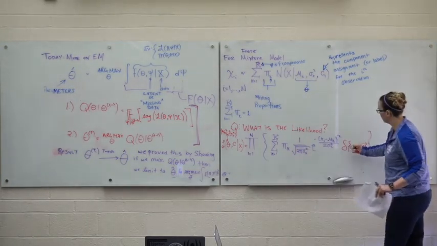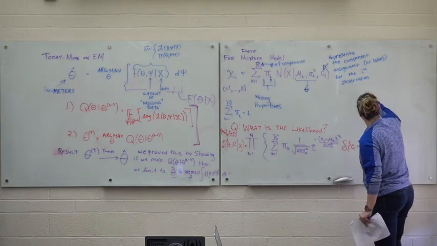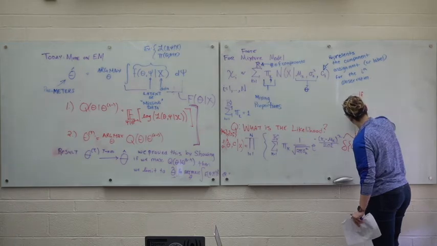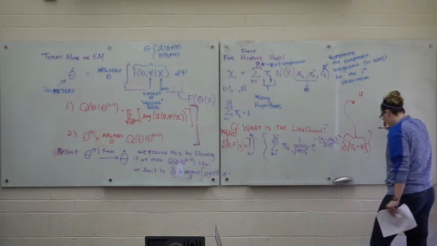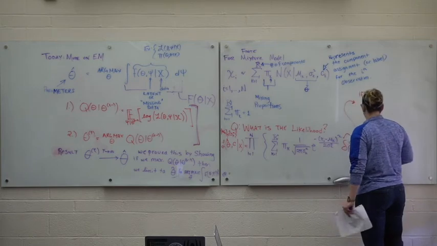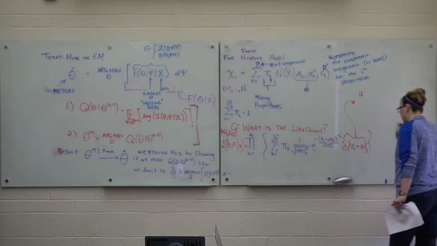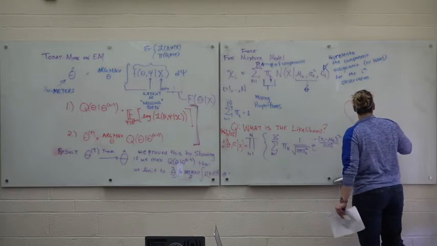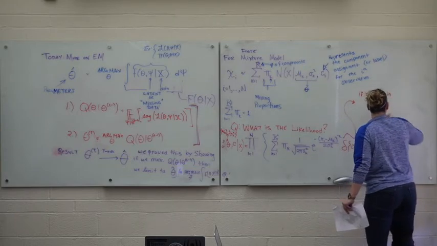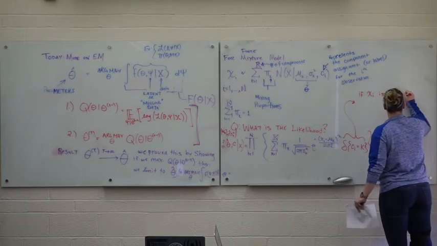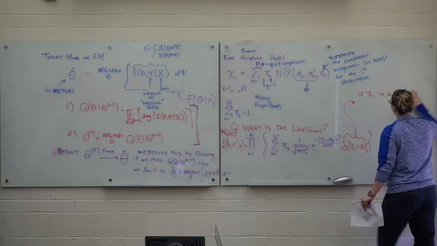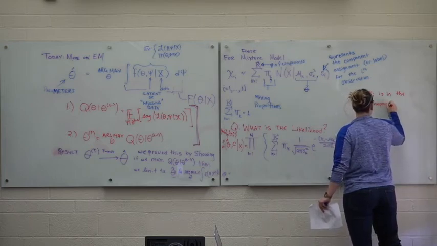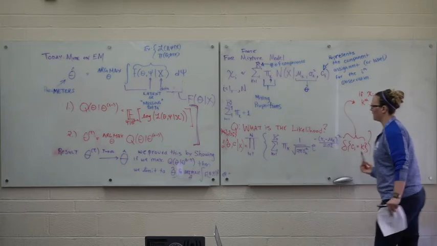So all this is doing, this is an indicator function where if our xi is in the kth component, then this is going to stay.